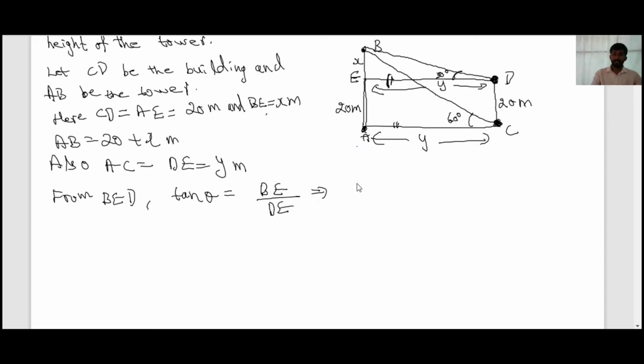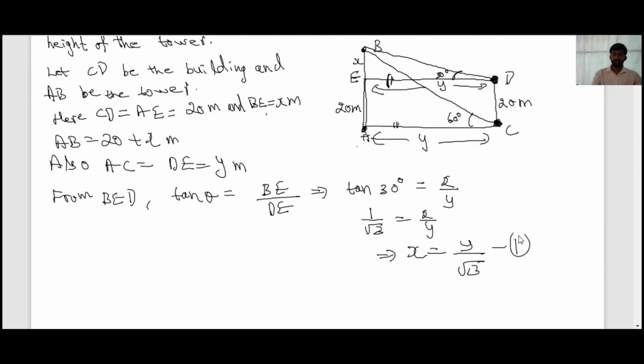This implies tan 30 degree is equal to X divided by DE, and DE is equal to Y. Now tan 30, 1 by root 3, is equal to X by Y. This implies X is equal to Y by root 3. Take it as equation 1.